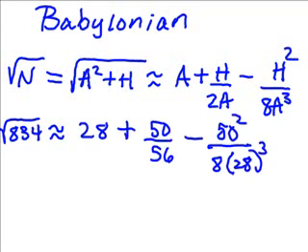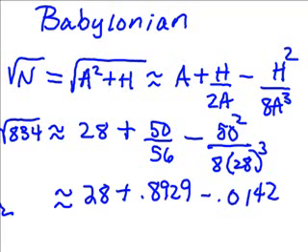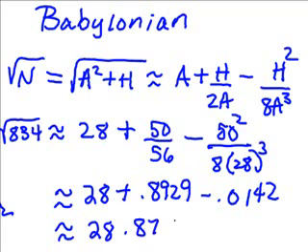And I worked it out on my calculator, and I end up with 28 plus 0.8929 minus 0.0142. And so this answer is approximately 28.8787. So this is the answer I ended up getting using the Babylonian method.